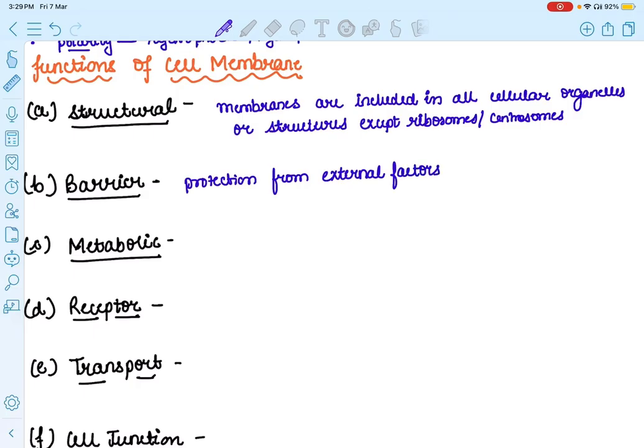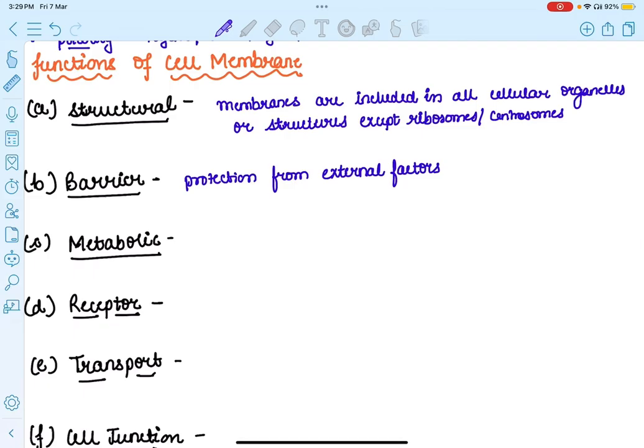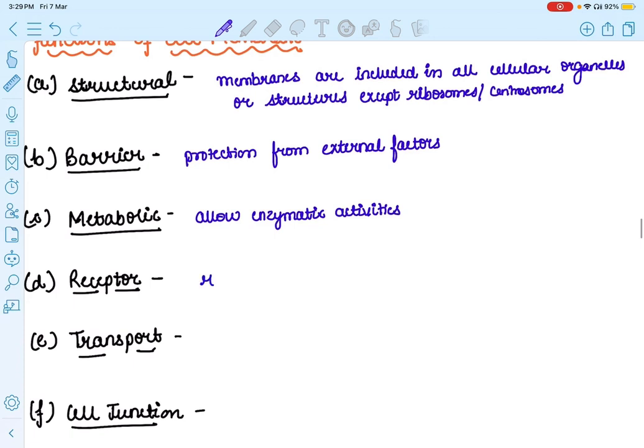Then we have the metabolic, that is, enzymes are located in the membranes that do enzymatic activity. Metabolic means to allow enzymatic activities. Then acting as a receptor to receive what? Receptor means to receive signals and to recognize substances, according to the stimuli.